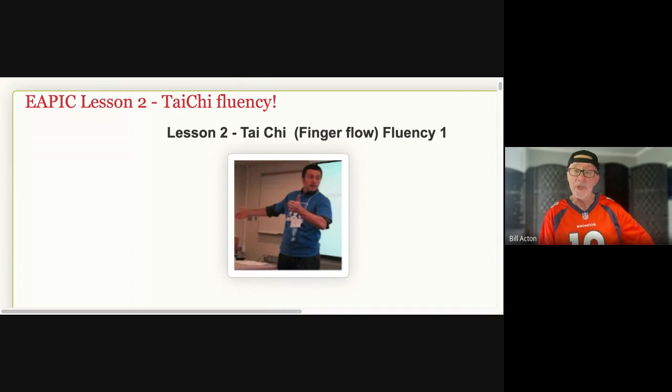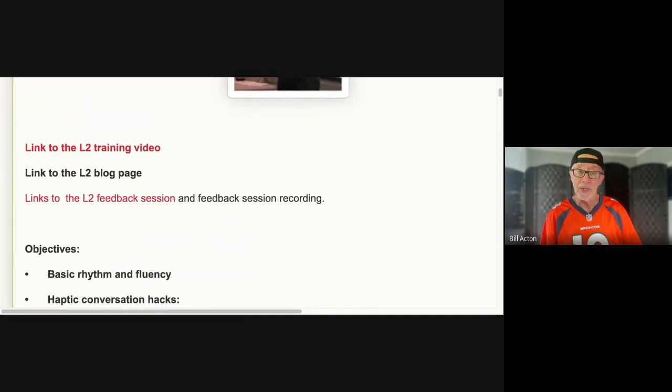Like I said in my comments in lesson 1, the butterfly and the Tai Chi fluency MT4s are sort of the foundation of the EPIC system, and you'll see we'll be using both of those MT4s throughout the course. So if you got last week of the butterfly and you got the Tai Chi, you basically have a good basis on which to make this all work for you. All right. Again, it's a little bit shorter lesson.